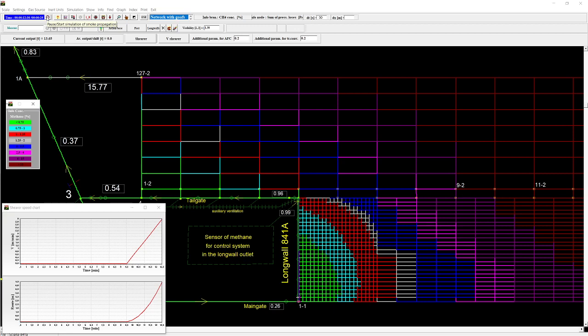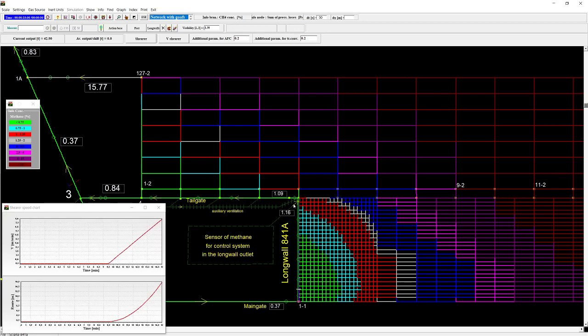First, we will wait 9.5 minutes before the shearer starts cutting. The shearer operation is controlled by a sensor of methane which is placed close to the tailgate corner.